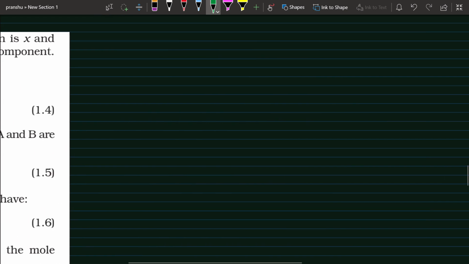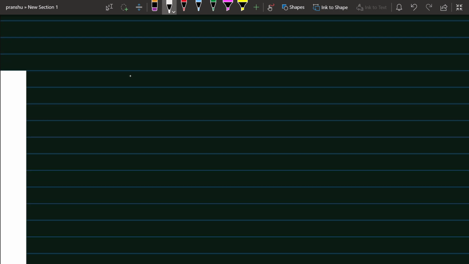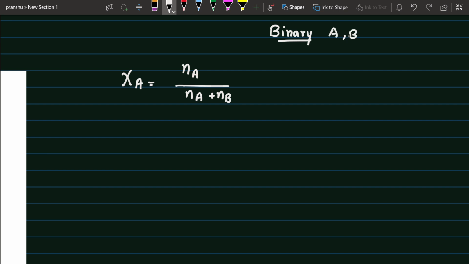Now if we talk about the mole fraction of the first component, the formula becomes moles of first component divided by moles of first component plus moles of second component. As we know, the binary solution has two components, A and B. So XB is equal to NB divided by Na plus Nb. And as we know, the sum total of fractions is always equal to 1.